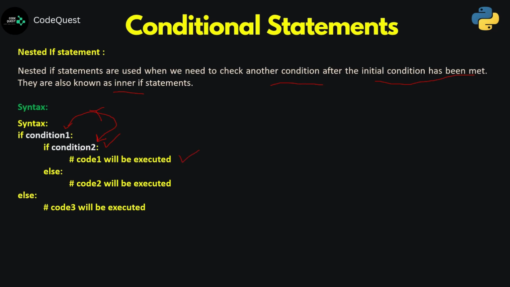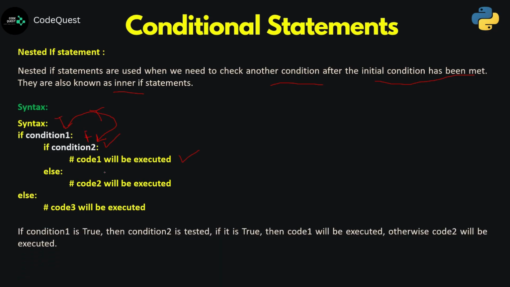If condition 1 is true but condition 2 is false, then your code 2 will be executed. If condition 1 has become false, then directly the control is coming to the else block, where it is going to execute code 3.